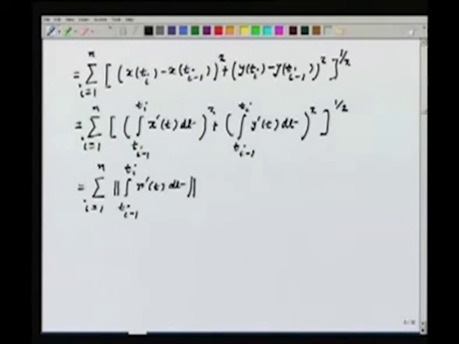Now I can use the previous inequality, which would suggest that this is less or equal to, by the inequality star, this is what I get. This is by star.